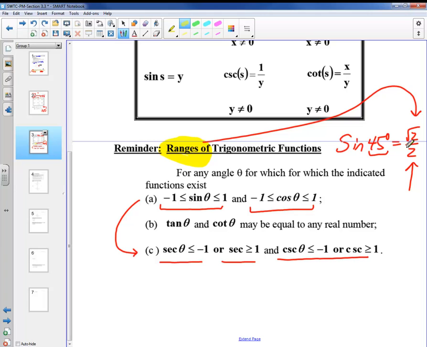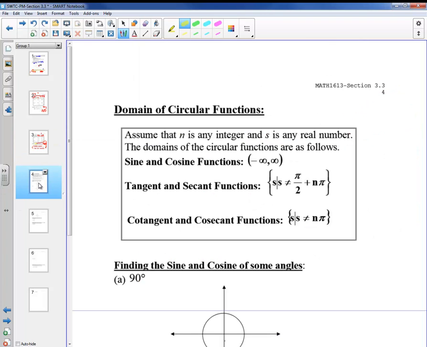Now remember what I said. This is what we call the range value. This right here, the angle, is your domain. So what we have right here are the restrictions for the range. For the domain, there are no restrictions for the sine and the cosine.